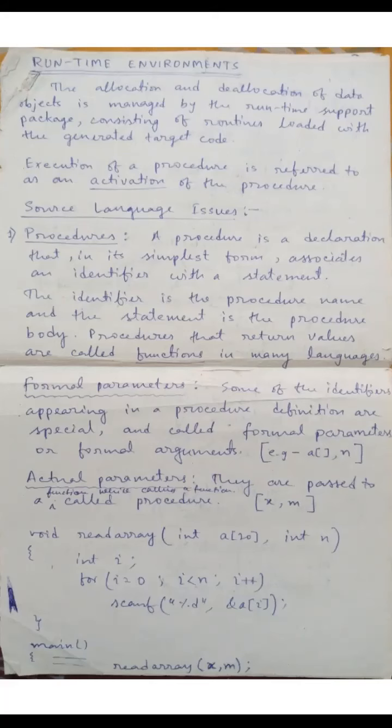And before that, one important point, look at this word: activation. Very, very important. What is activation? Execution of a procedure is referred to as activation. Execution of a procedure, or you can say execution of a function. Here, procedure or function, you can use interchangeably.